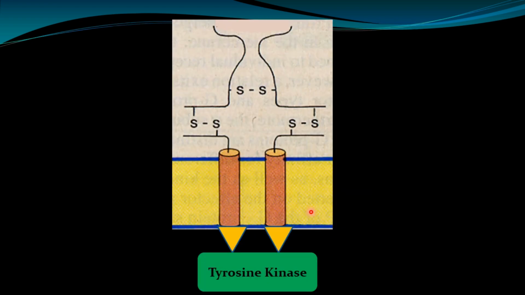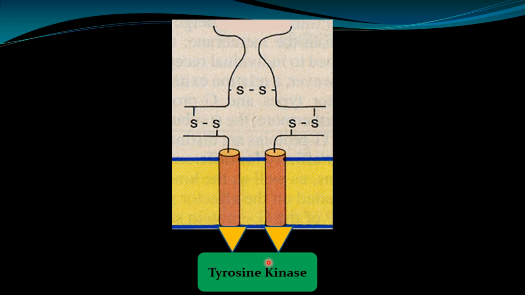Now the another type of receptor is the enzyme linked receptor. An example of this enzyme linked receptor: again you see the domains are the same. This is the cell membrane, this is the outer domain which is the binding domain for the agonist, this is the transmembrane domain, and the internal domain of this receptor is linked with an enzyme, that is the tyrosine kinase enzyme.